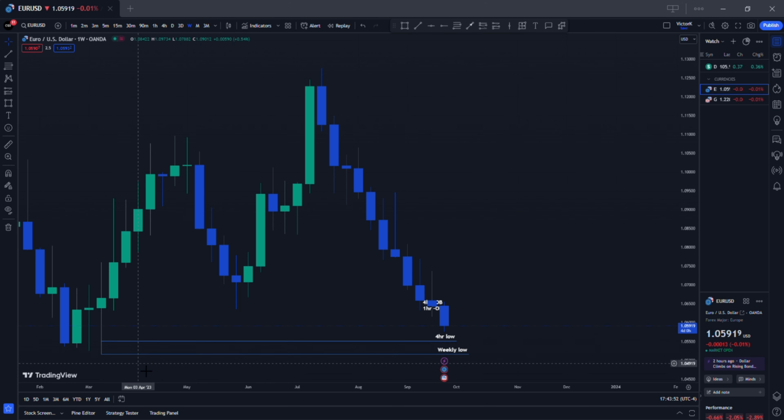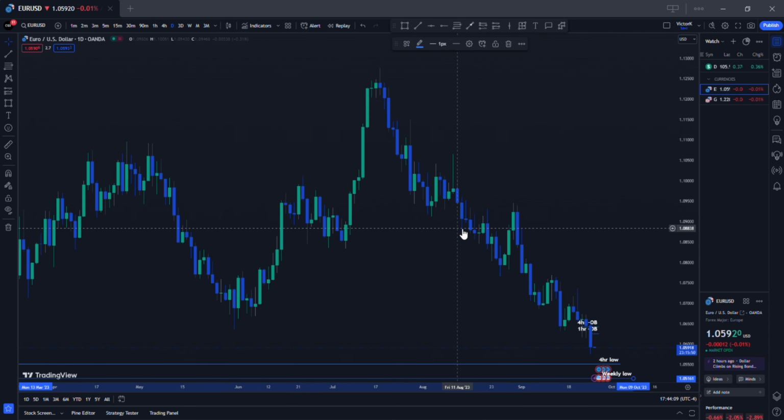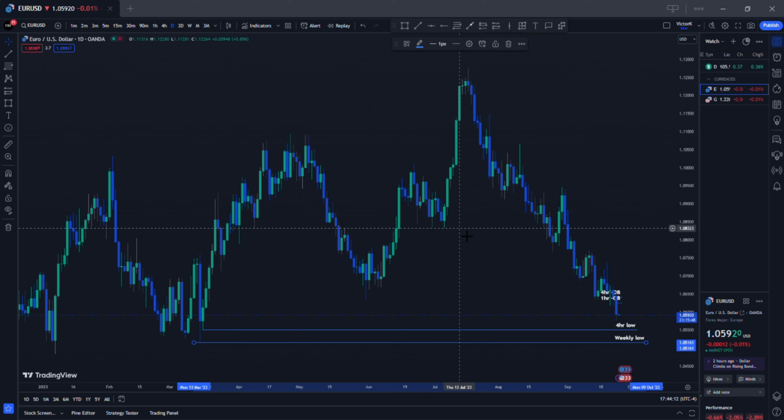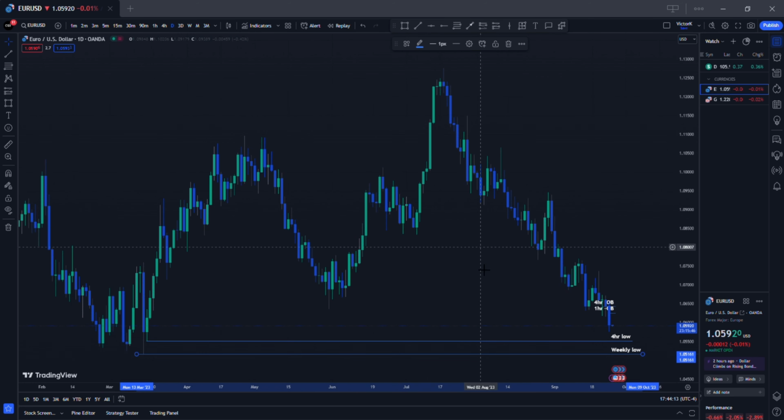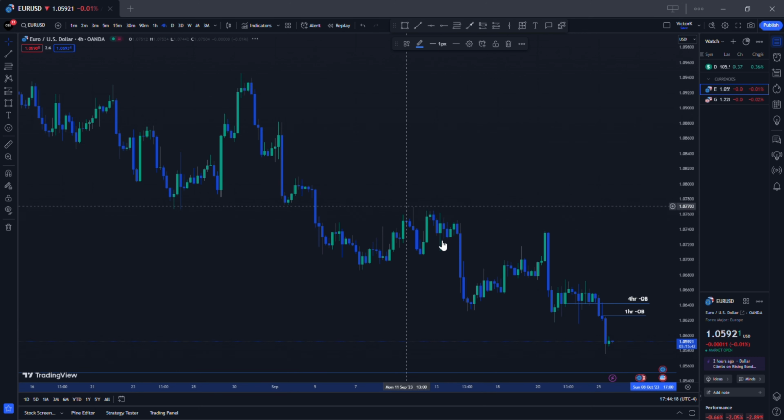Okay, so weekly low is my new target, and so we'll be waiting and watching to see if price will be willing to push down to this low this week. Okay, so this low is my target for the week, and then move down to the daily charts to find more details. Okay, I didn't really mark anything on the daily chart, so go down to the 4-hour chart.